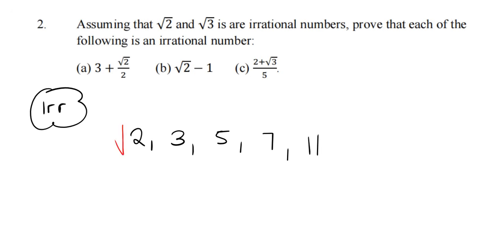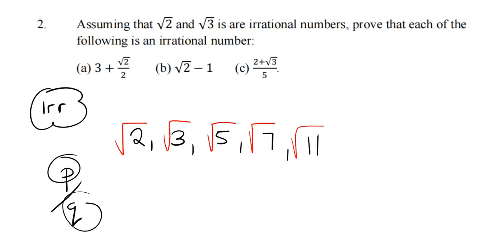So in this case, if we square root these numbers, it's going to give us numbers we call irrational numbers. They cannot be expressed in the form of p over q, where p and q are integers, and q should not be equal to 0.